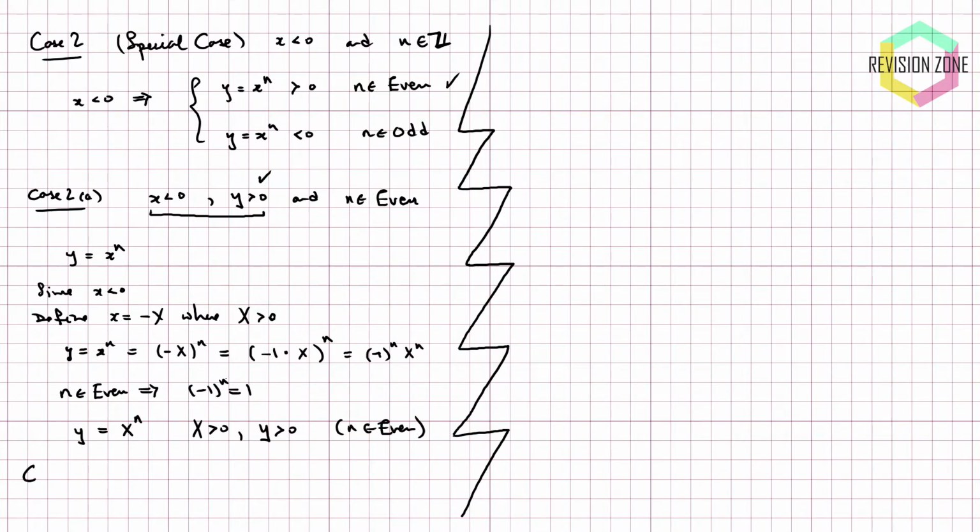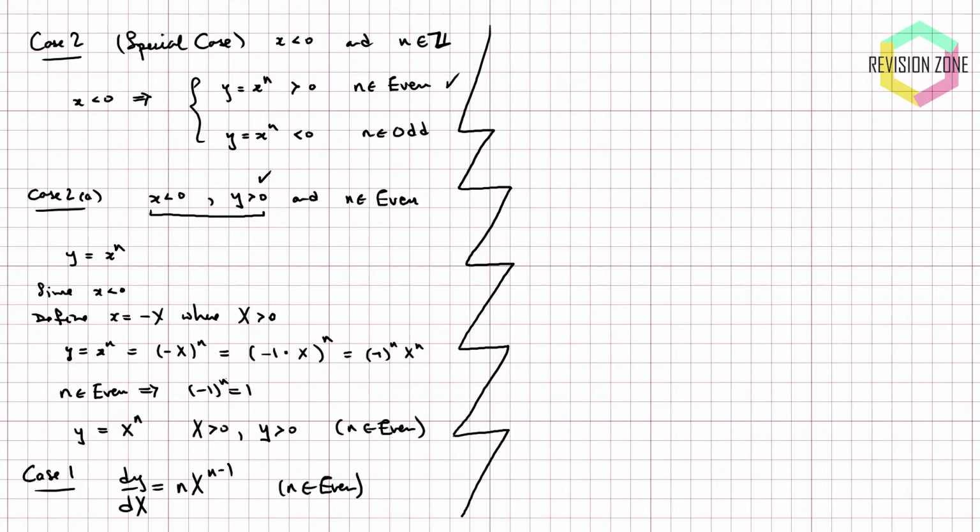So now using the result from case 1, because if x and y are both positive and n is even, that's the same as saying x and y are positive and n is allowed to be a real number, because every even number is a real number. So I can use the result we've proven in case 1. I can say dy by d capital X is just equal to n X to the n minus 1, where of course my n is any even number.